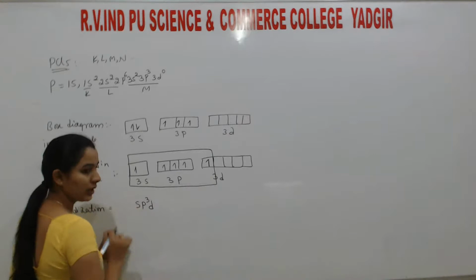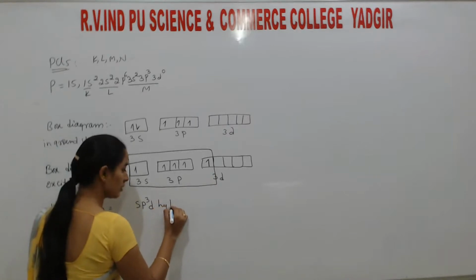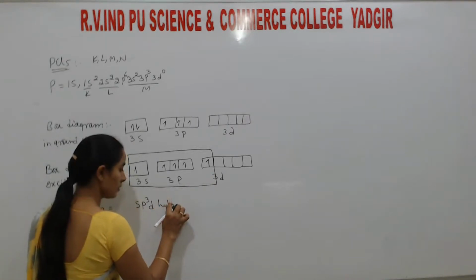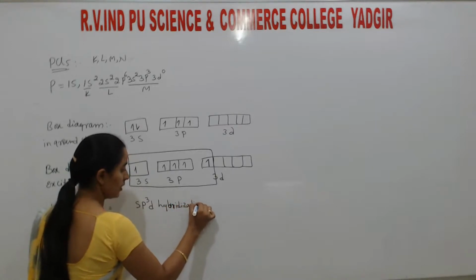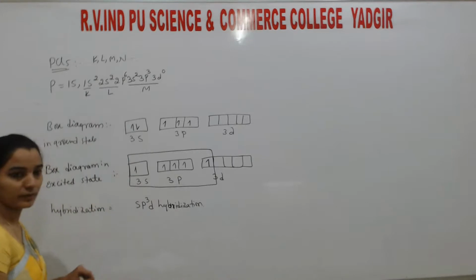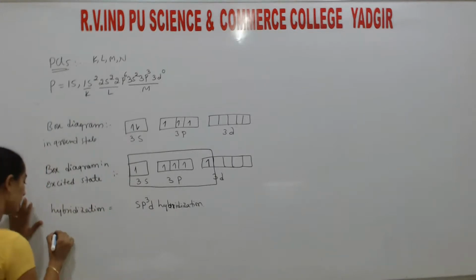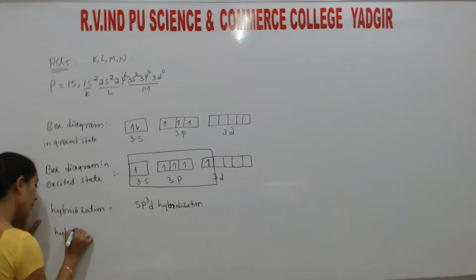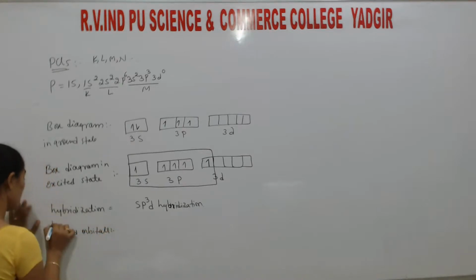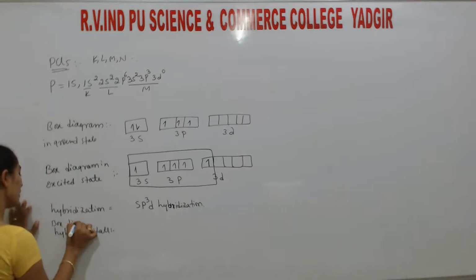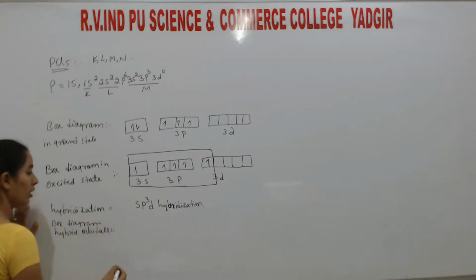That is sp3d hybridization. Next, the box diagram for hybrid orbitals.